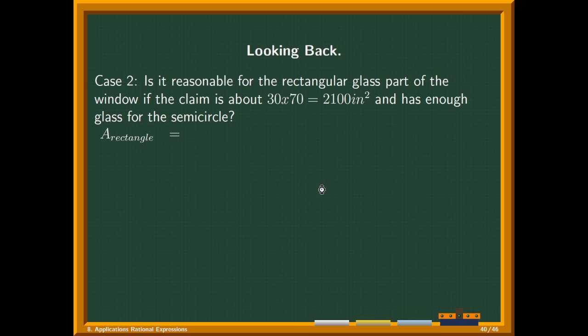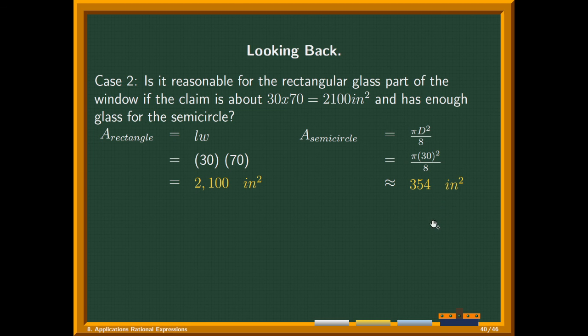Using the same formulas, length times width and pi d squared over 8 for the semicircle, we have 30 times 70 and pi times 30 squared all over 8. So we have 2,100 square inches here, and 900 pi all over 8, which is approximately equal to 354 square inches.